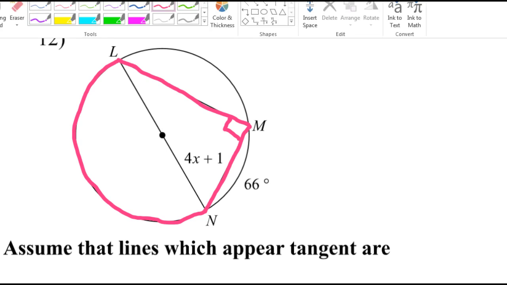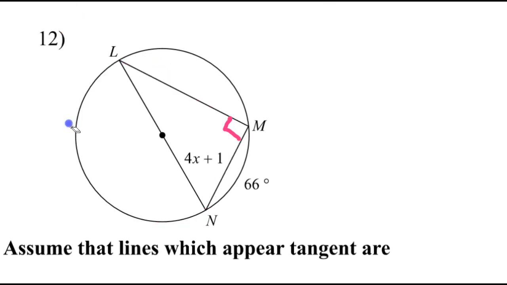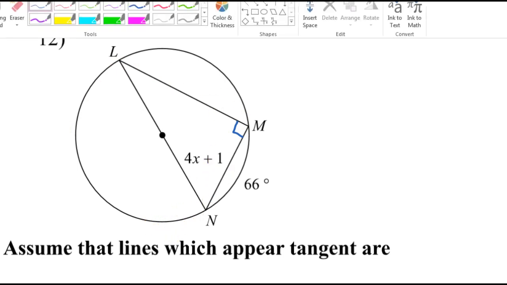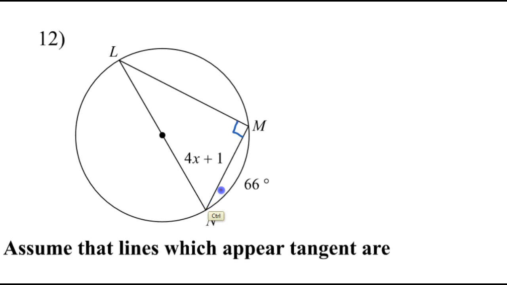Now I'm going to erase that so you can focus on the next thing. Okay, maybe I'm going to change that color a little bit. So, all right, we figured out that this is going to be 90 degrees because of the semicircle. Now, meanwhile, we have another one of those angles that are on the circle, inscribed angles, right here. This angle is also on the circle.